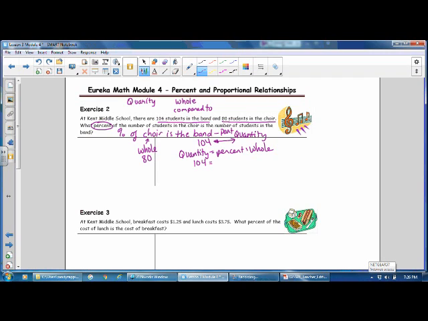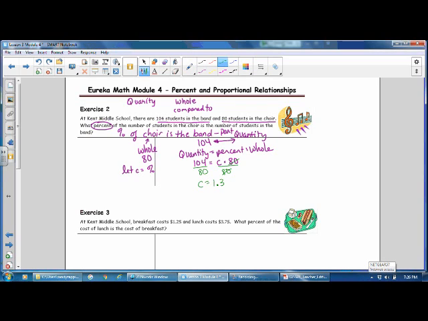Our percent is unknown. Let C equal the percent times the whole, which is 80. Divide by 80, divide by 80, and 104 divided by 80 is 1.3.